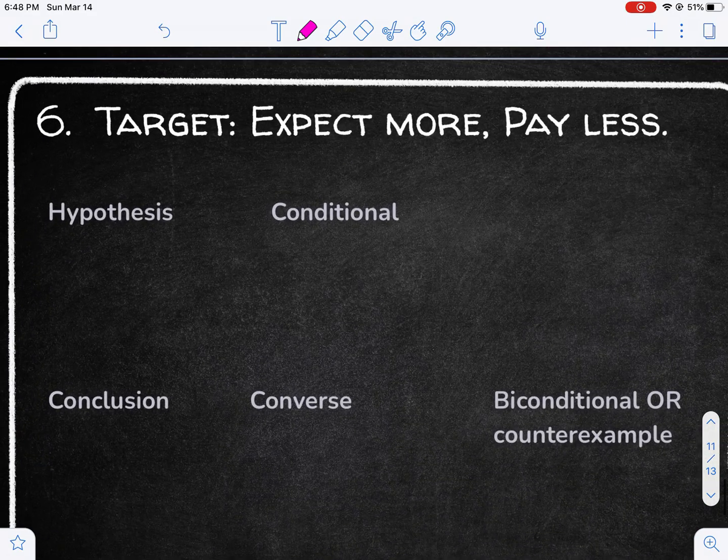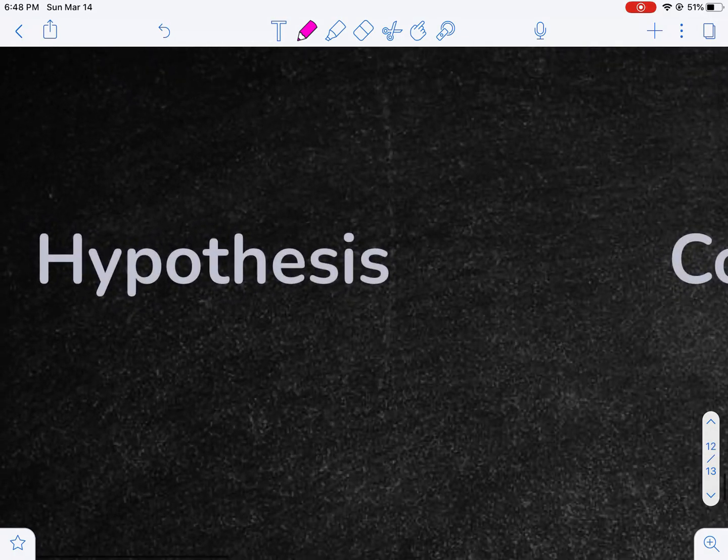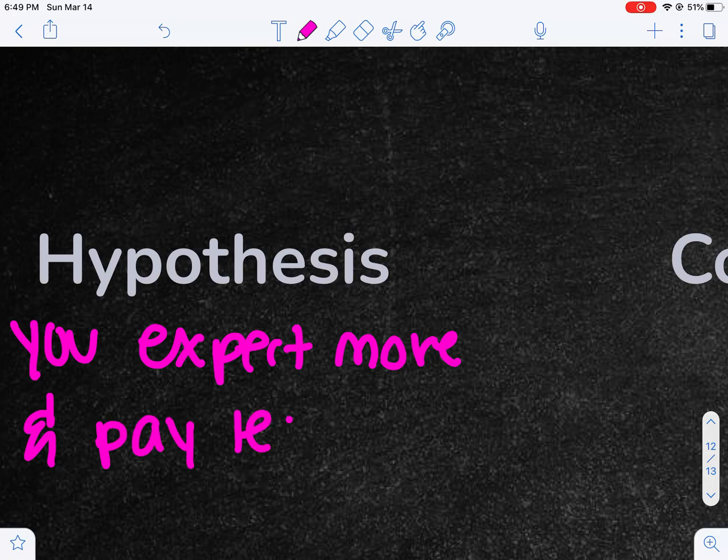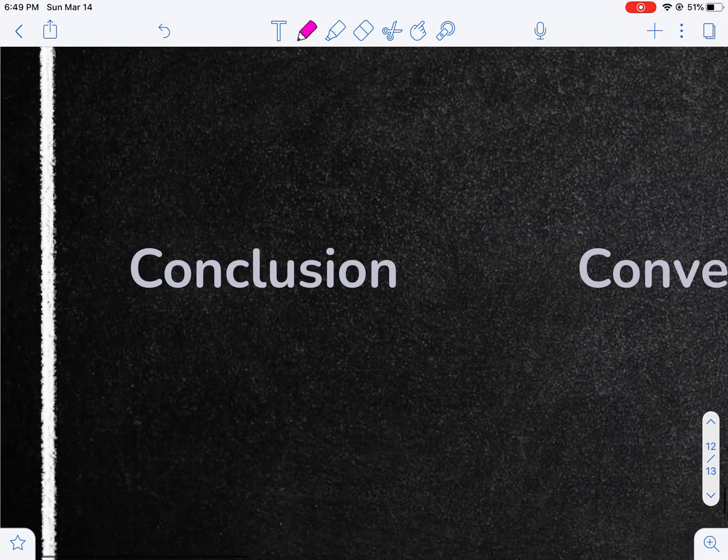Businesses also do this. So if we take Target, expect more, pay less, I can write that as a hypothesis and conclusion and then a conditional. So if you expect more and pay less, then you shopped at Target, is what they're trying to imply.